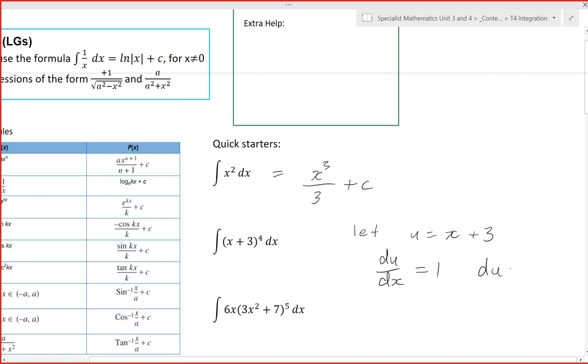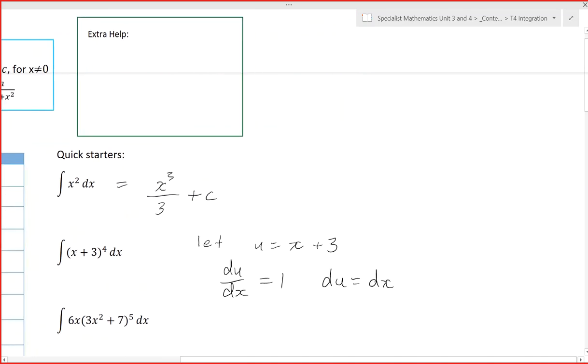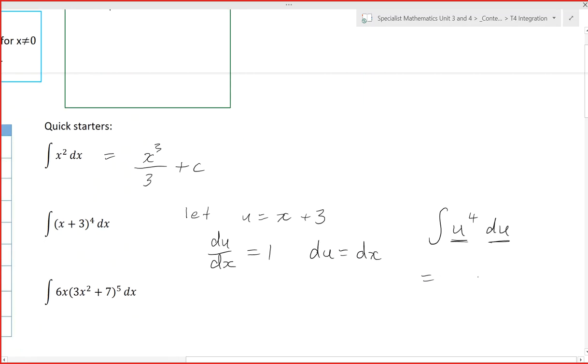So then we rearrange. And now we're going to substitute both this one and this one into the equation. So that's u substituted, and then dx equals du, like that. So that all matches up.